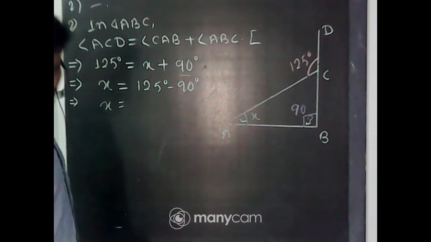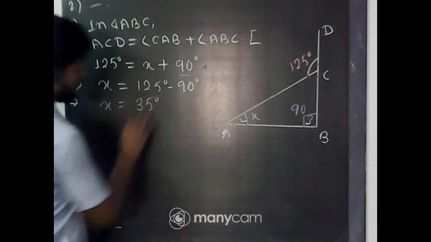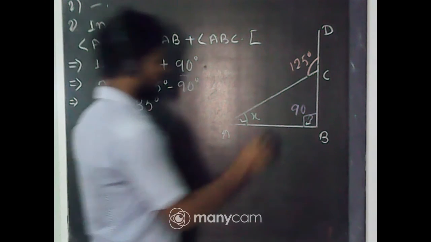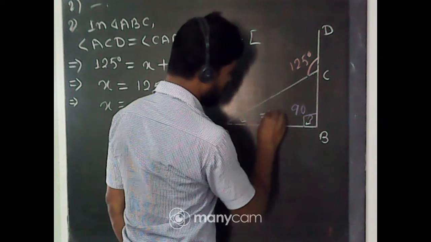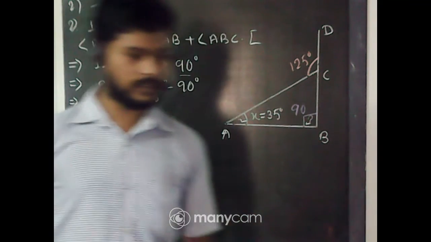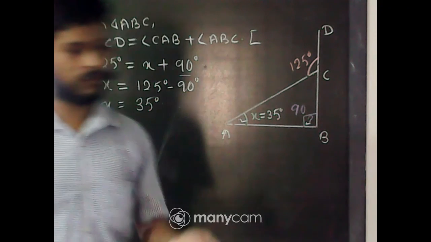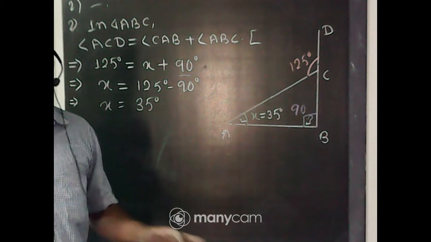What will be the answer? Very good. The answer is 35 degree. That means the value of x is equal to 35 degree. The value of the unknown angle is 35 degree. Question is solved.